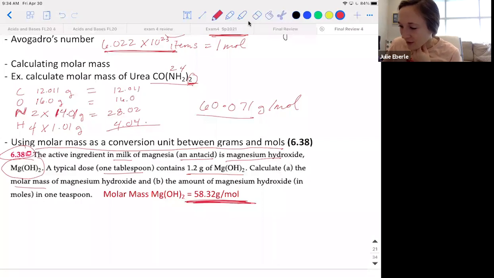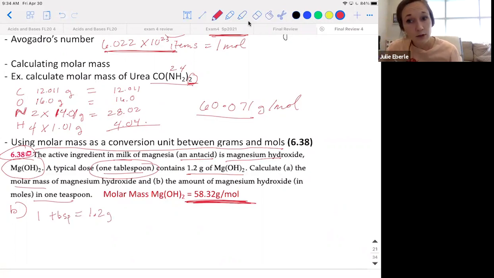It's 58.32. Part B says the amount of magnesium hydroxide in moles in 1 teaspoon, not tablespoon. So how many moles of magnesium hydroxide are in 1 teaspoon? Let's write out our relationships. 1 tablespoon, TBSP, is 1.2 grams.